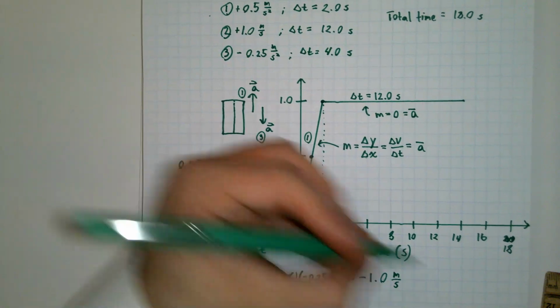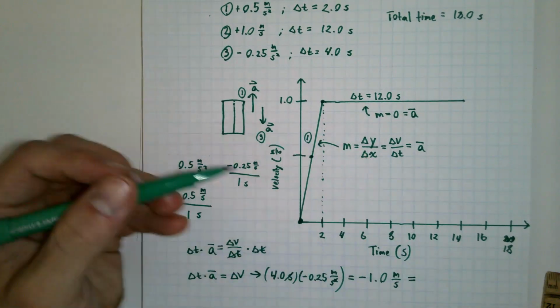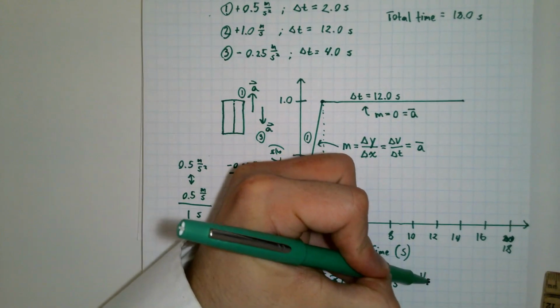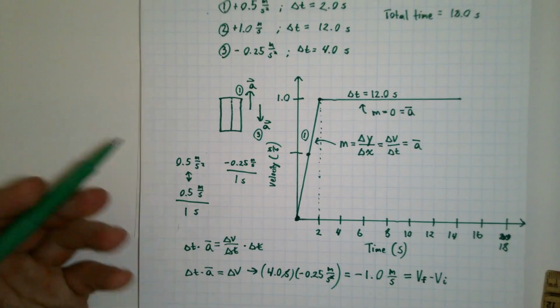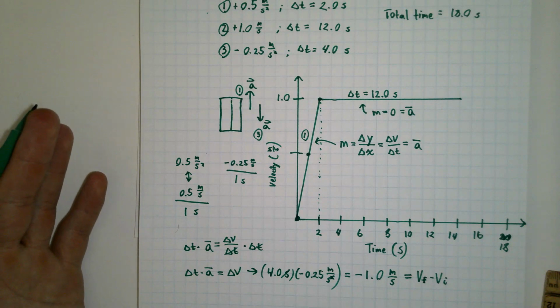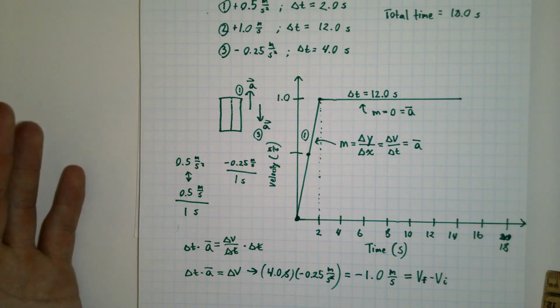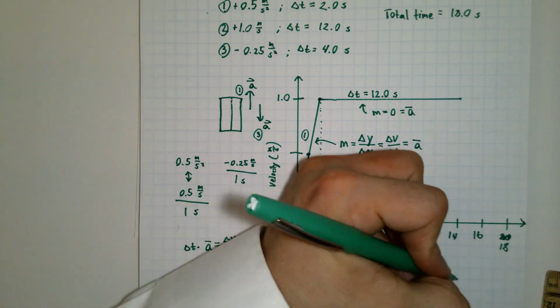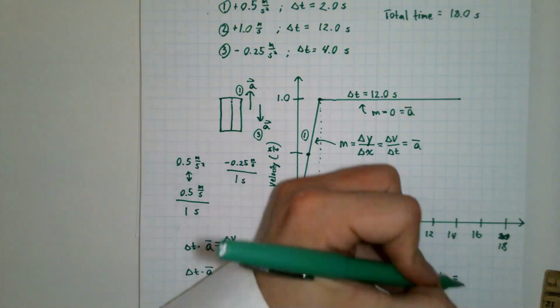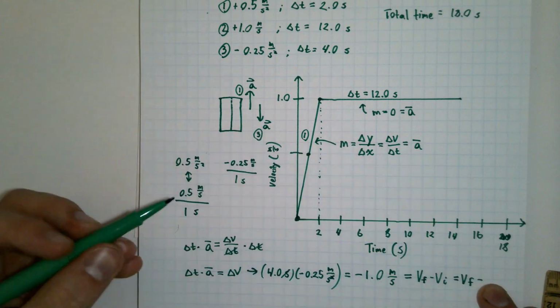In other words, if I look at my final velocity minus my initial velocity, that's another way of describing change in velocity, right? Just as we say change in x is final x minus initial x. I don't know what my final velocity will be, but I do know what my initial velocity was.